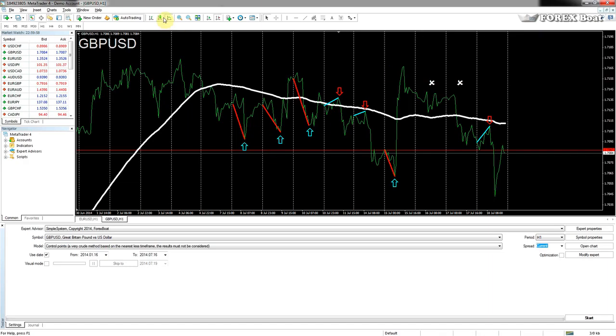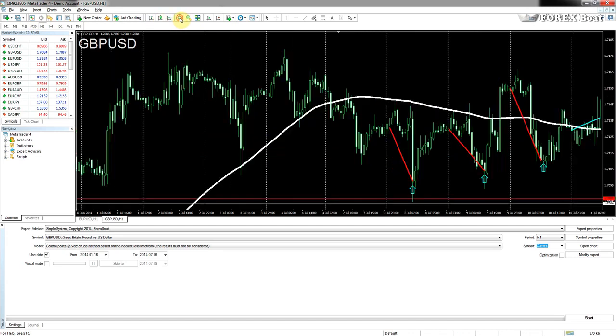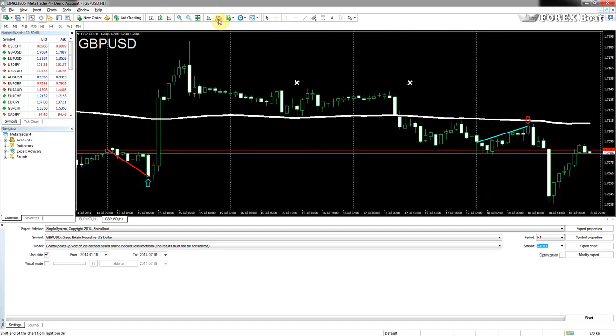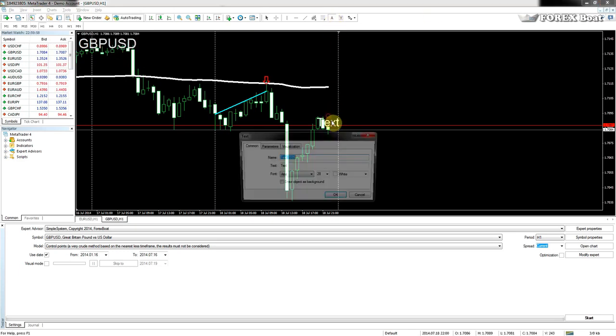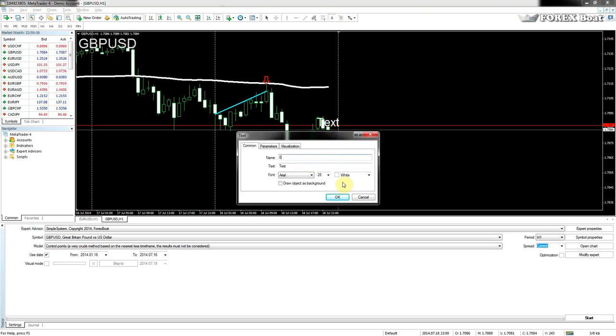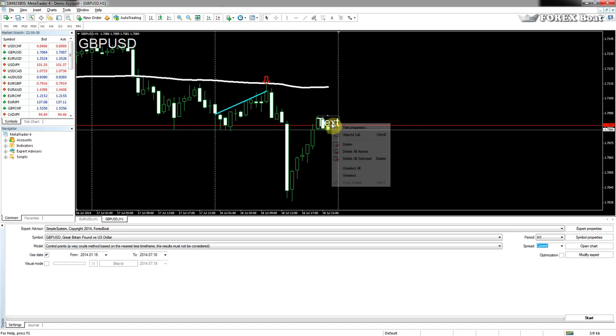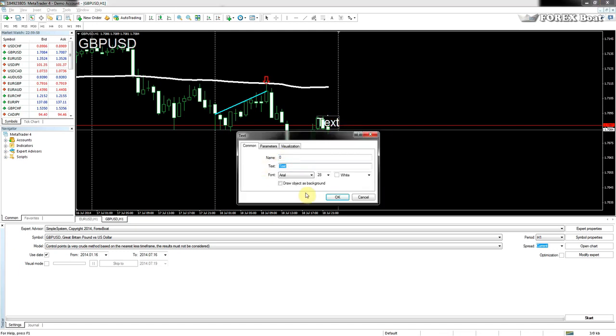Yeah, so if we change this to candles and we zoom in a bit, then in MQL4, in MetaTrader 4, the way it's structured is this candle over here is candle number 0.